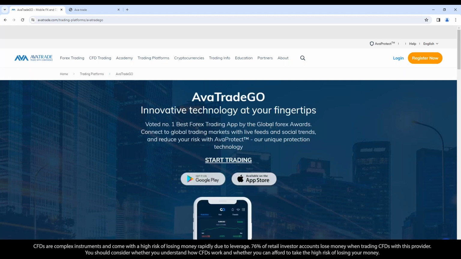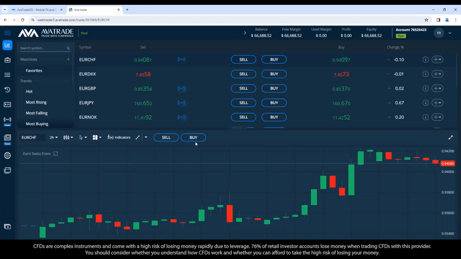You can add it to your mobile device at any time. And you'll see that when you're in that app that you have the same functionalities, like I said, as our web trader. And if we log in here in the upper right corner from our main website, then we are in the web trader.